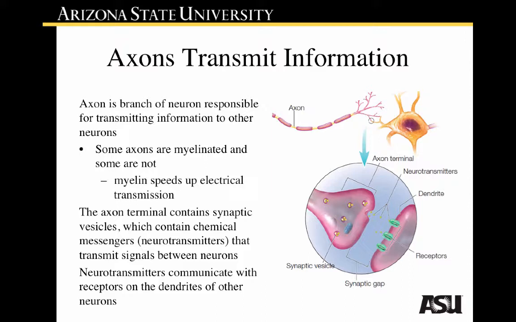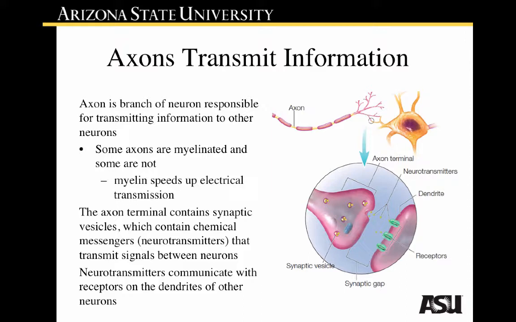So you can see that here. Here are the synaptic vesicles. The synaptic gap is where chemicals actually go from one synaptic vesicle to the dendrites of another neuron here.